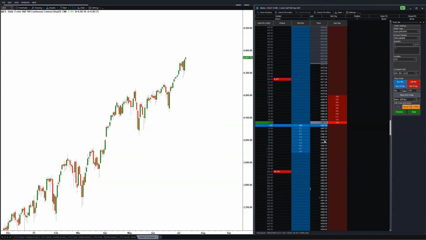So from 4367, the increment movement is 0.25, a quarter movement. 0.25, 0.25, 0.25, 68, 1 point. 25, 50, 75, 69, 1 point.